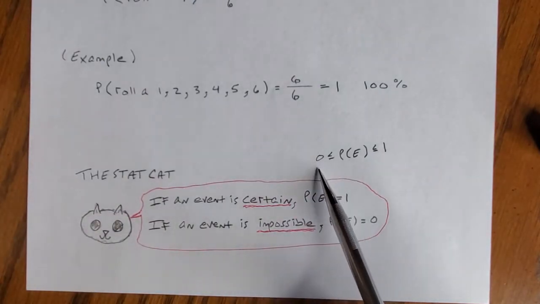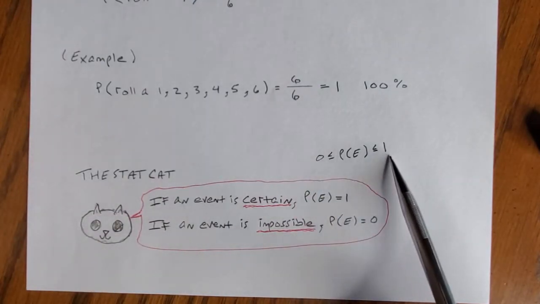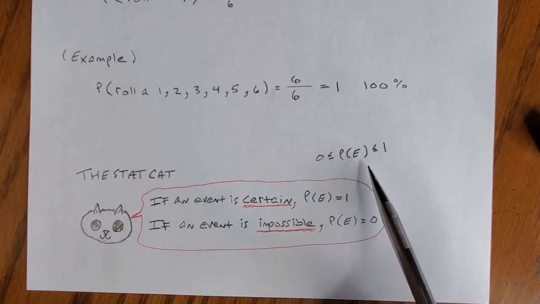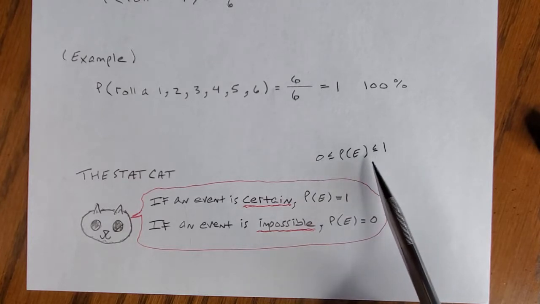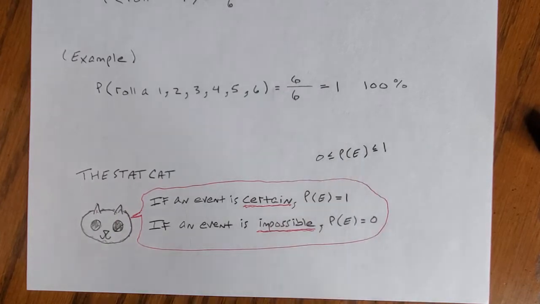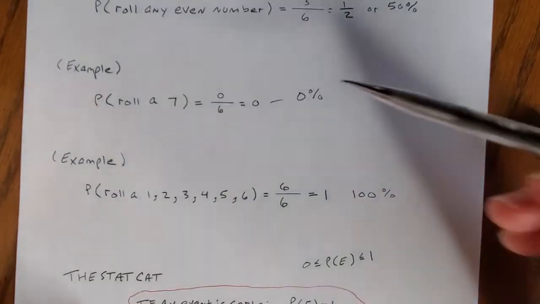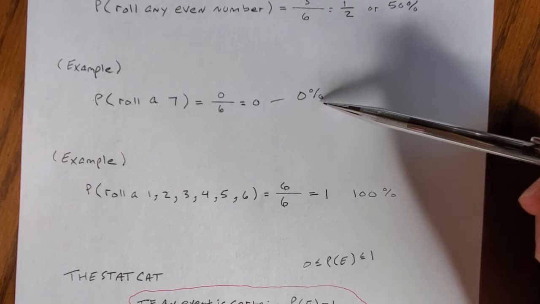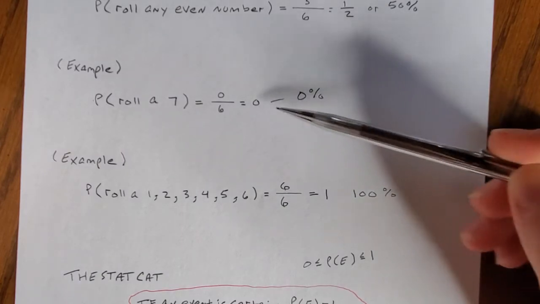It will be 0 if it's impossible, 1 if it's certain, and everything else is in between. Could be 50%, that would be 1/2, 0.5, that's between 0 and 1. 75% chance, 3/4, that's between 0 and 1. You get the idea. I guess I didn't have to use these fractions. If I knew this one was impossible and that one was certain, I could have just said 0 and 1.